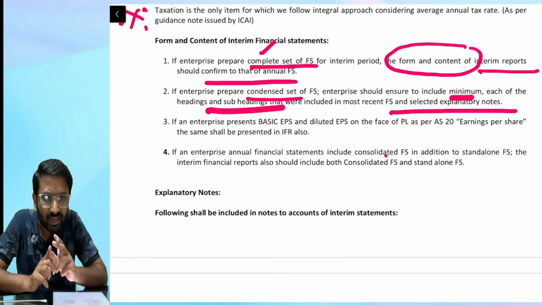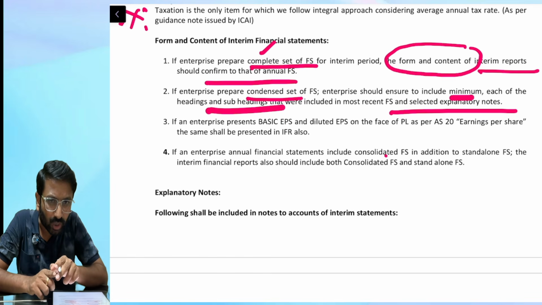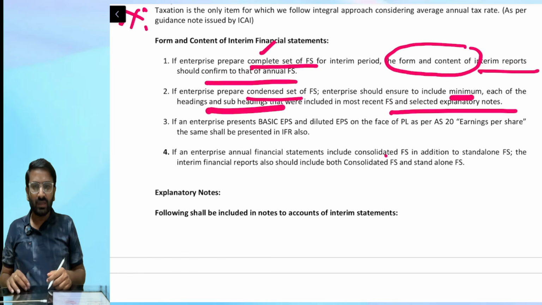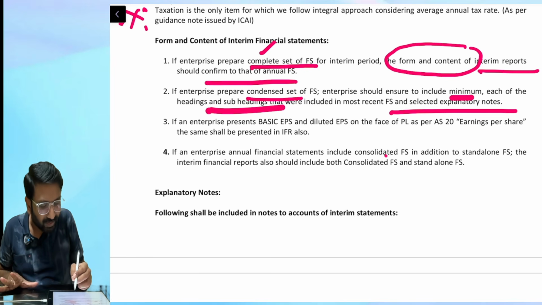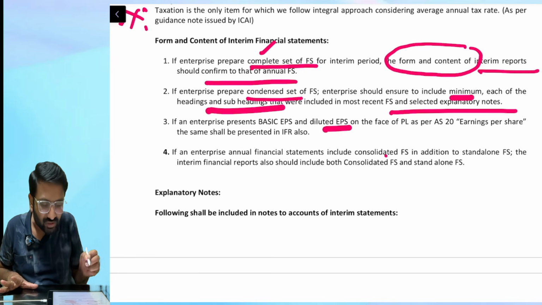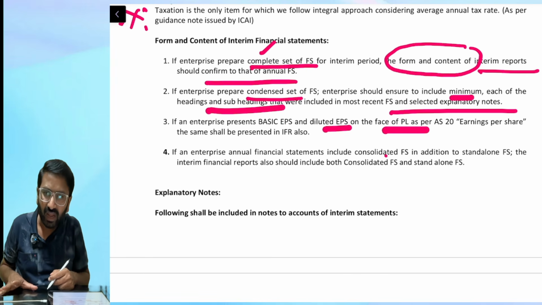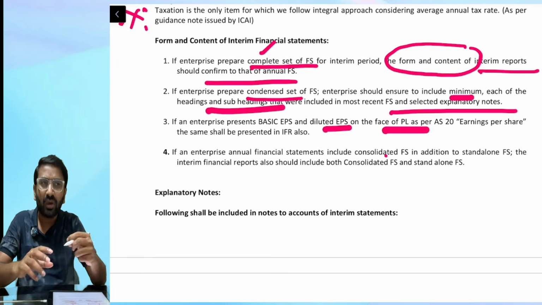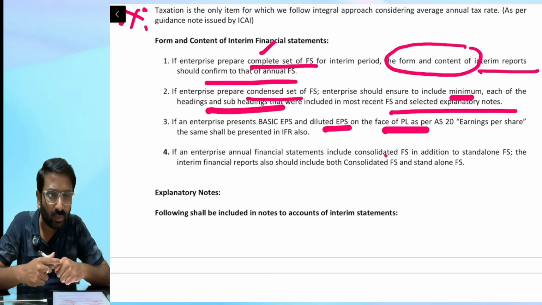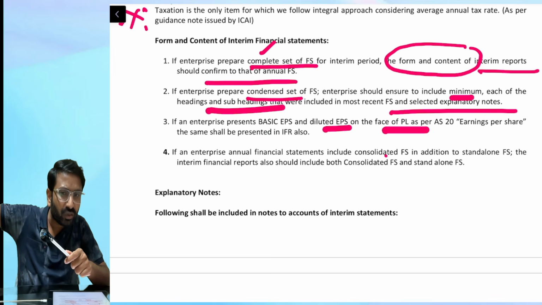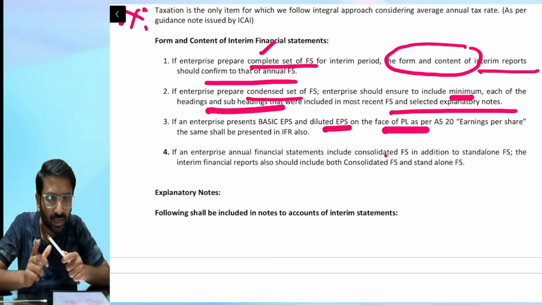When I say selected explanatory notes, you have to prepare notes to accounts only for which items? Important items. Next. If the enterprise is presenting basic EPS and diluted EPS on the face of P&L as per AS 20, then as per accounting standard 20, you need to calculate basic earnings per share and diluted earnings per share, and these two have to be reported on the face of the P&L account.